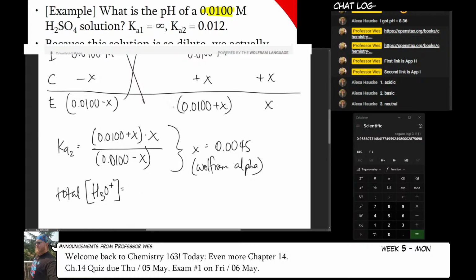So the H3O plus that would be in here would be this number right here, which would be 0.0100 plus 0.0045. So 1, 2, 3, 4, 1, 2, 3, 4. So I get to keep all these decimal places.